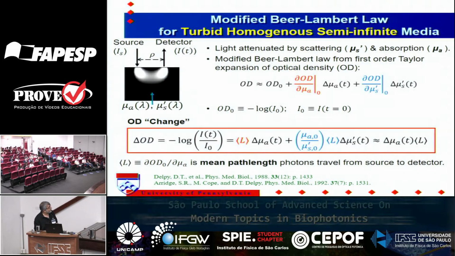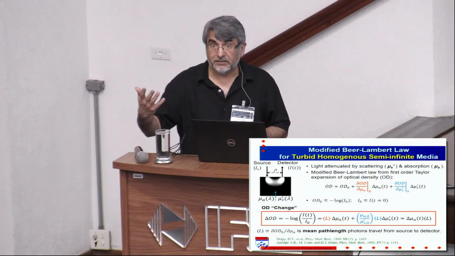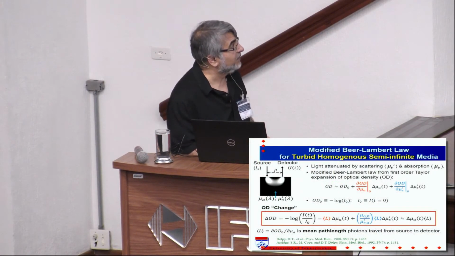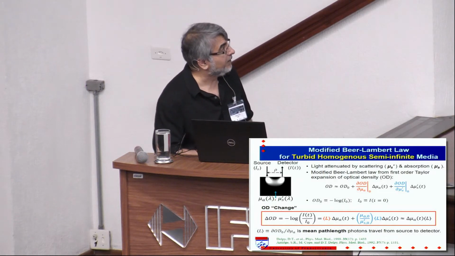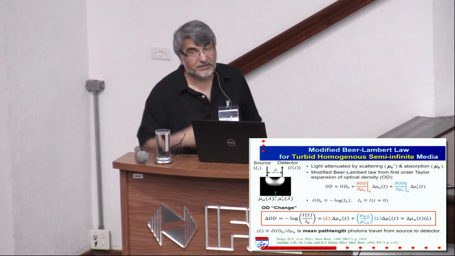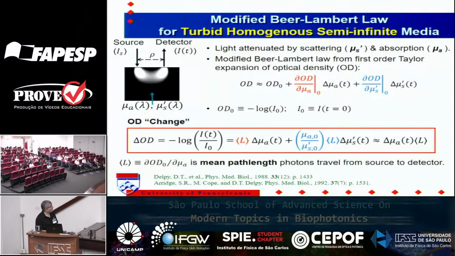It's close to my baseline value, but I'm allowing for the tissue changing its optical properties, like its absorption, which is represented here by delta mu A, or scattering, which is delta mu S prime. If the changes are relatively small, I can do a Taylor expansion. This number here is known. You can determine or estimate it from theory. Same with this number. And this number is what you measure.